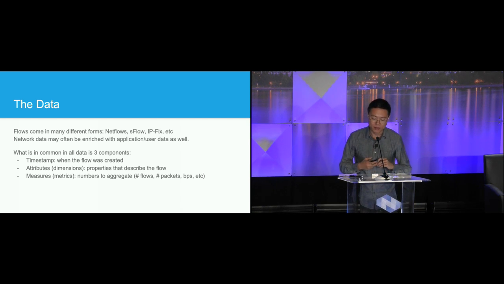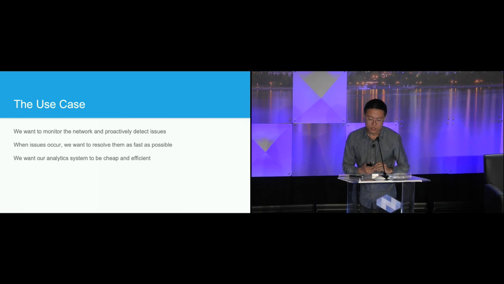And most of the time, you also have a set of measures or metrics. These are the numbers you actually want to crunch as part of any analysis with network flows. These are things like the number of flows, the number of packets, bytes per second, quantiles and histograms on performance of the network, and so on. So measures are usually numeric things that you want to crunch, and dimensions are things that you want to group on.